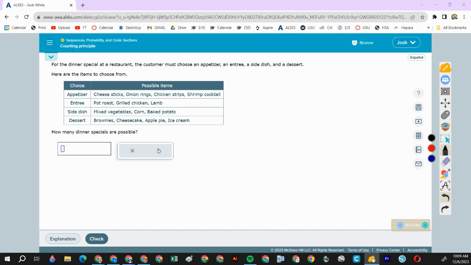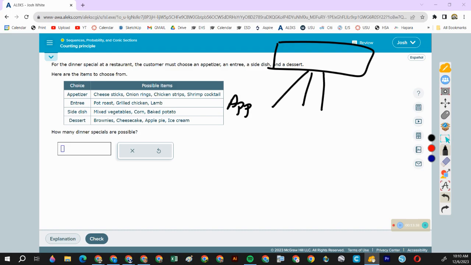So we build our appetizers. So here are all possibilities. Our appetizers are split 4 ways. Cheese, onion rings, chicken, and shrimp. All right.